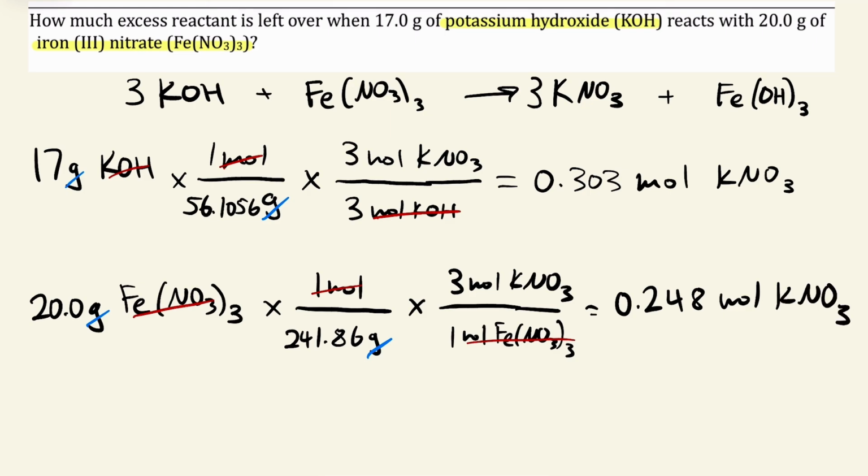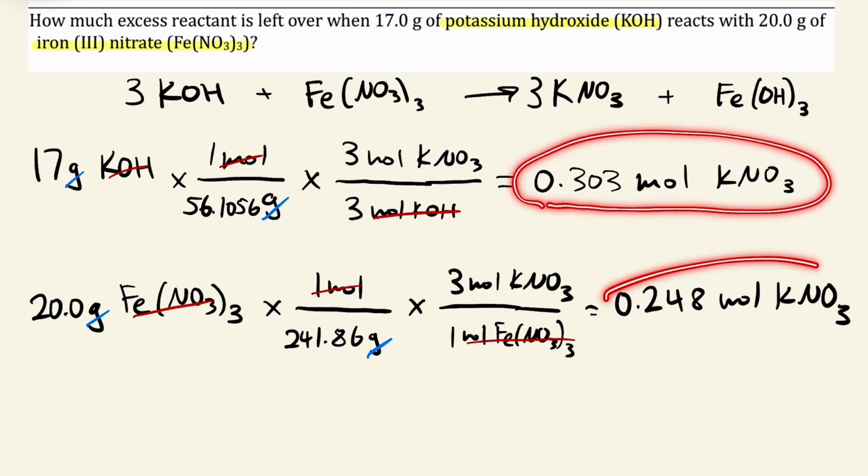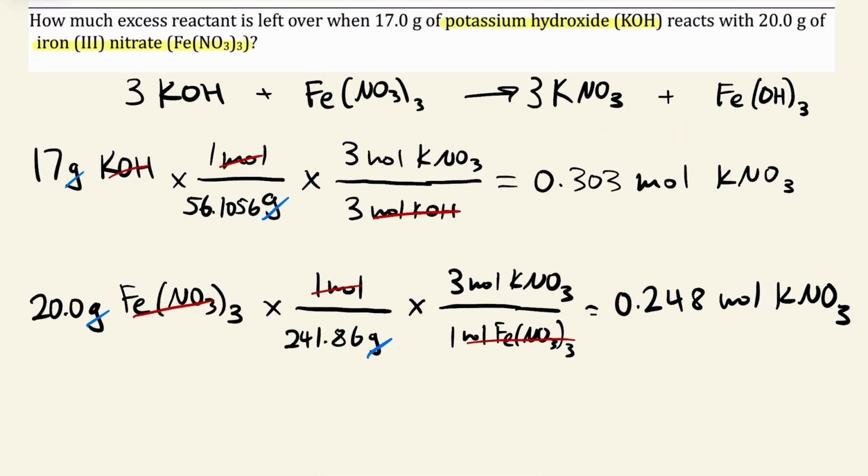So what we have here now is 2 different answers for the moles of KNO3. Now, the answer that is going to be the correct answer, or the actual theoretical yield, is going to be this lower number. This means that our limiting reagent is iron nitrate. Let me just explain this really quickly.